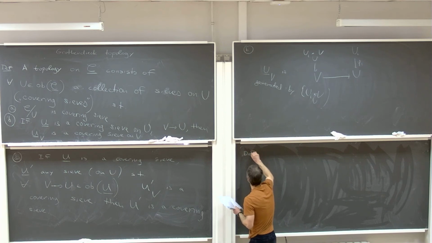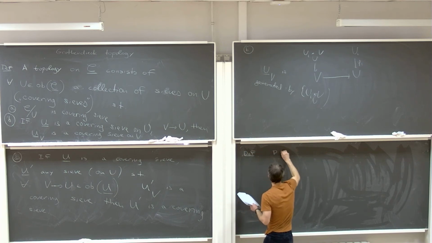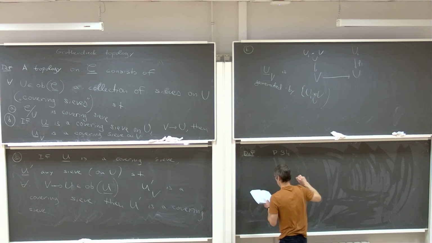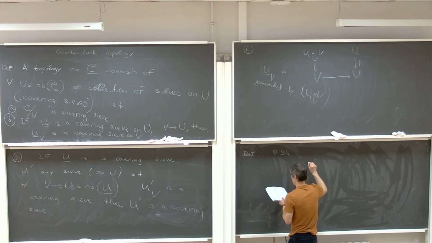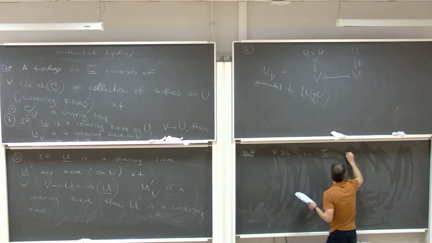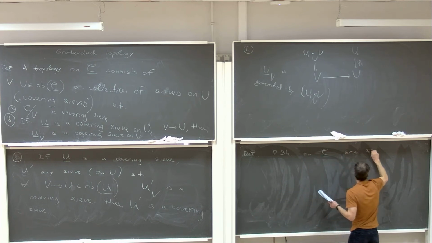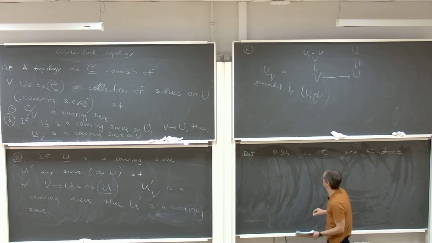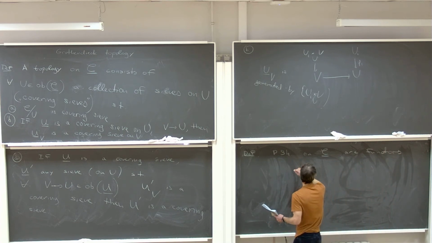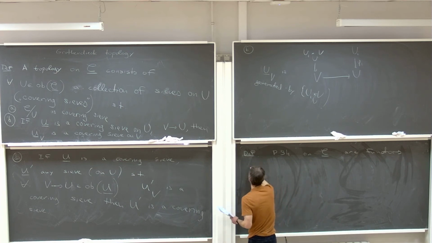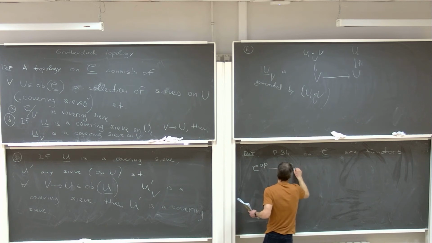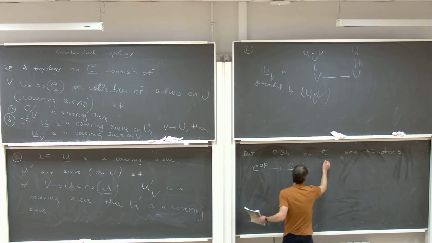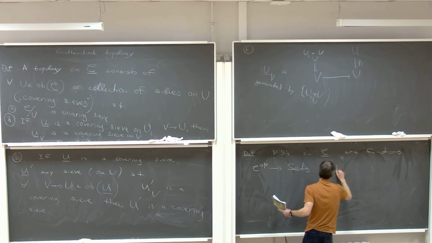First of all, presheaves on C are functors from the opposite category to sets, or again, abelian groups or rings.